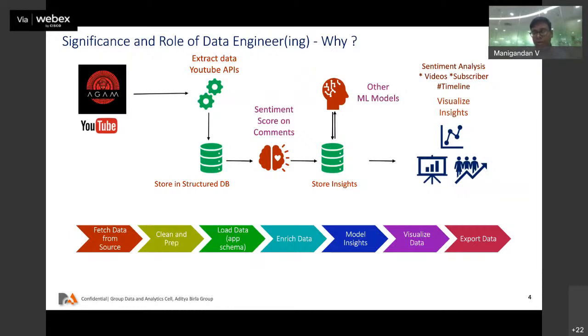You need a vehicle which can work in tandem with the engine. If you look at your NLP, analytics, machine learning or data science models as the engine, the rest of the car is what data engineering, application engineering and visualization combined will give you. So they should be complementary in nature.